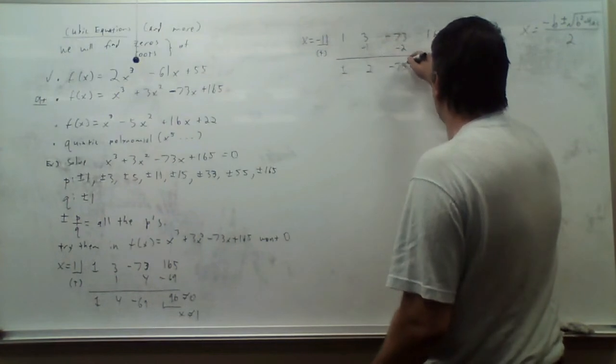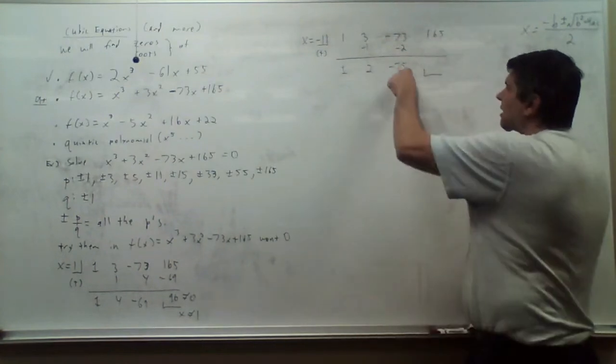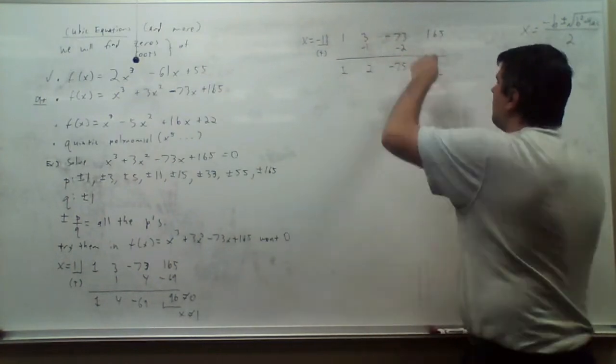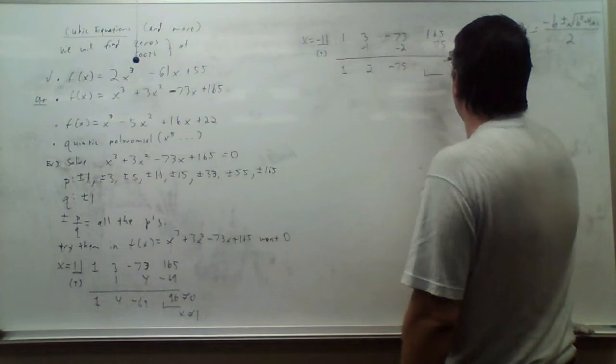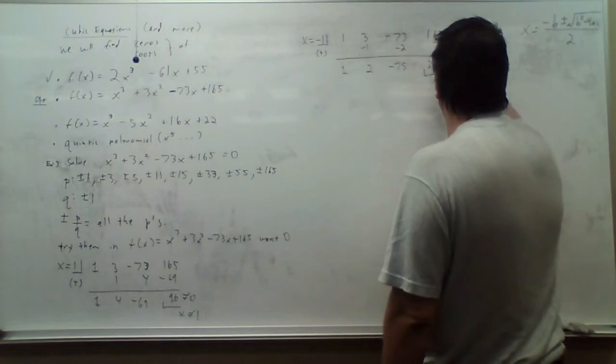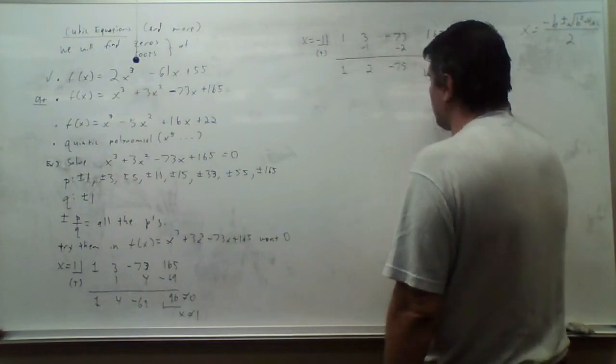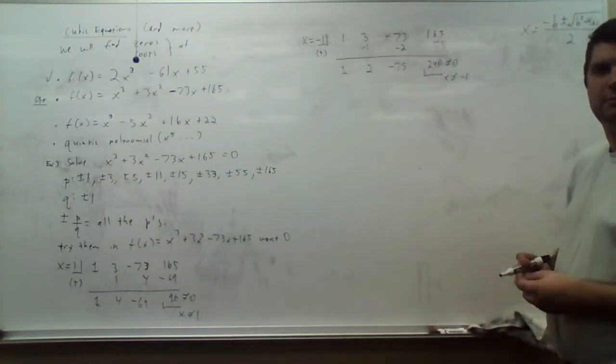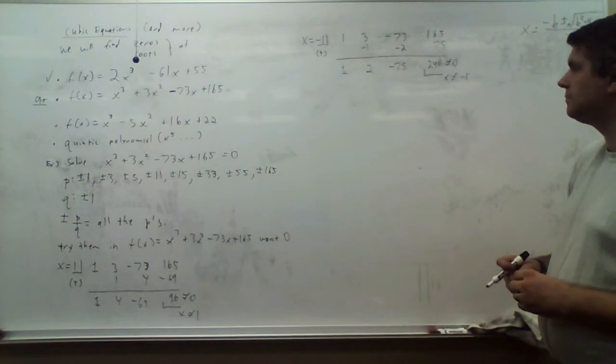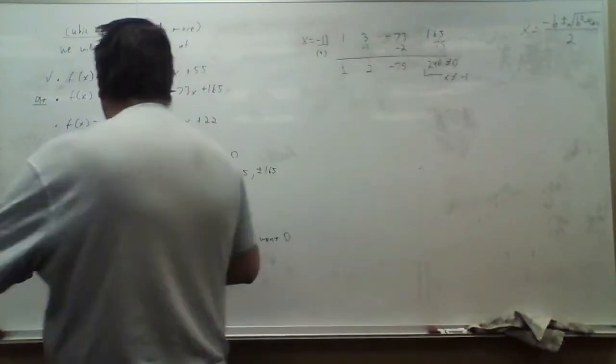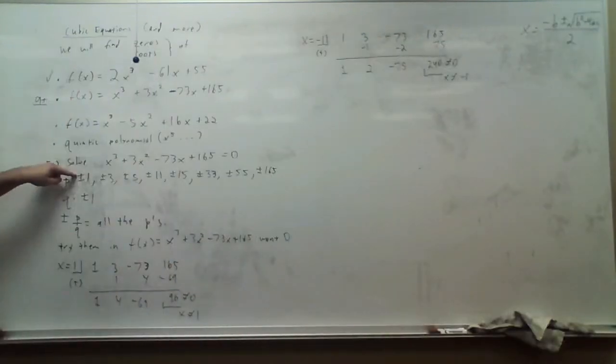That's negative 75. Negative 75 times negative 1 is positive 75. That is 240, which is not 0. So x does not equal negative 1. So, 1 failed, negative 1 failed, 3 is the next candidate.